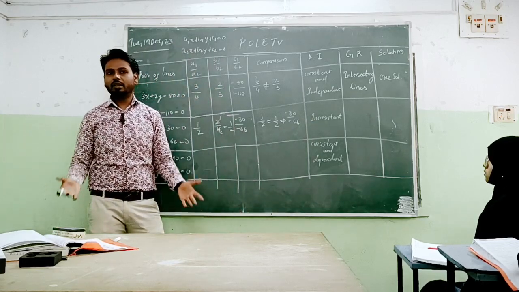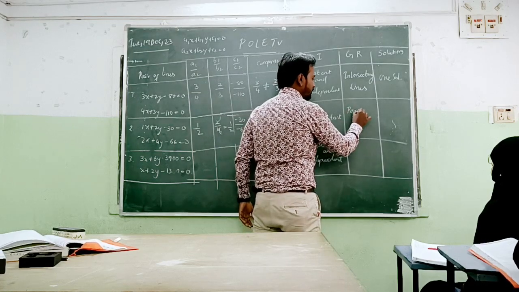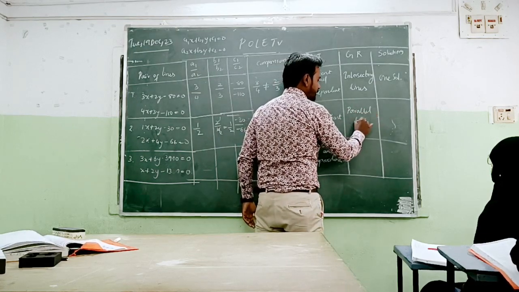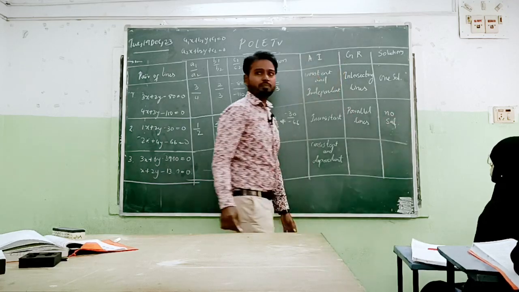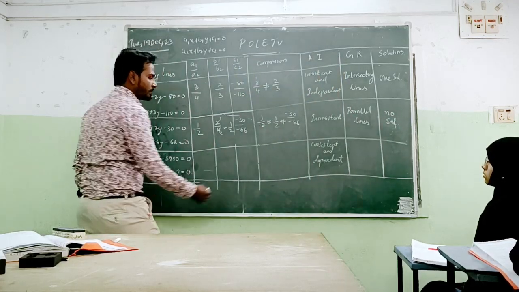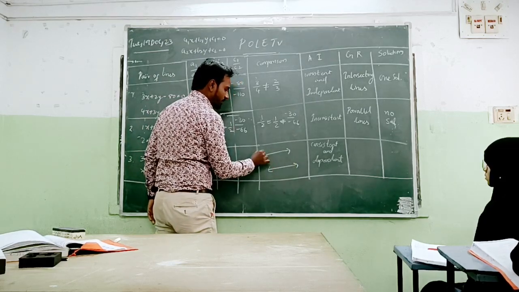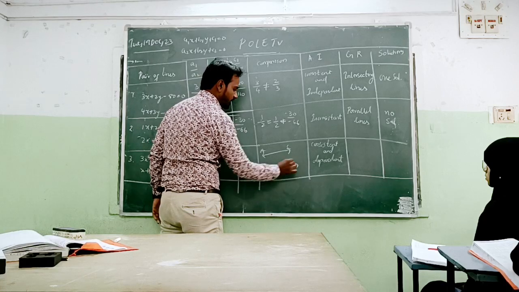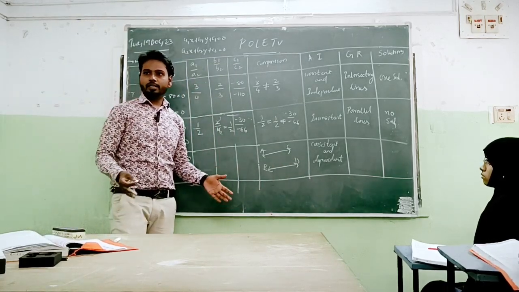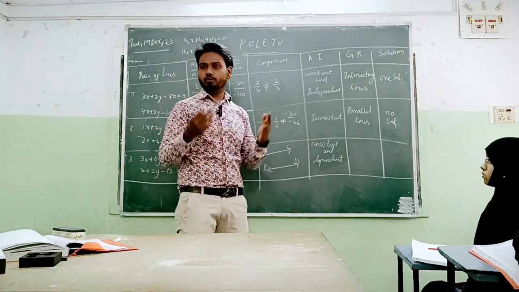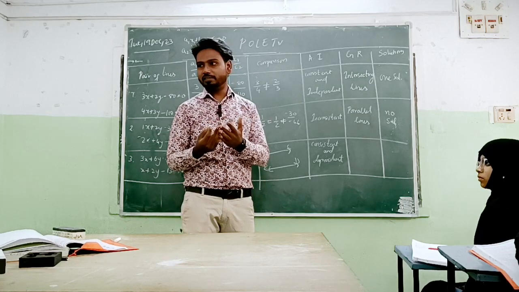Now in this case they are inconsistent. And the graph form is parallel lines and no solution. These are the parallel lines. A to C, B to D. No meeting. At least one time also not meeting.